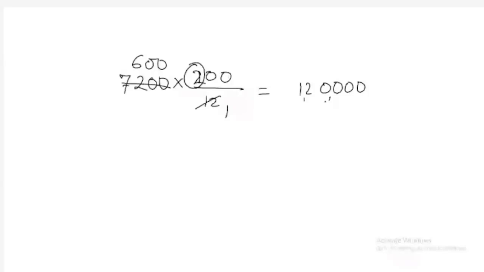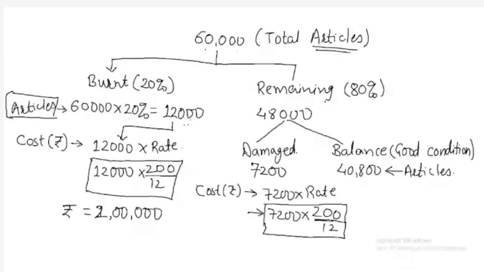Everyone clear? Clear? So here 7,200 into 200 upon 12, 12 6 are 72, so 600.